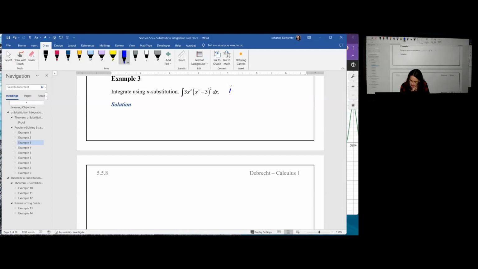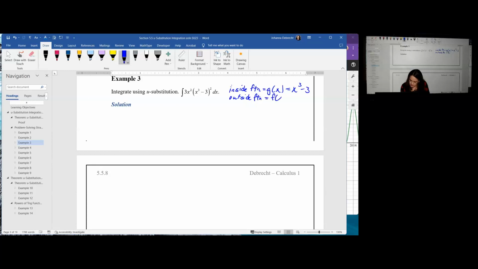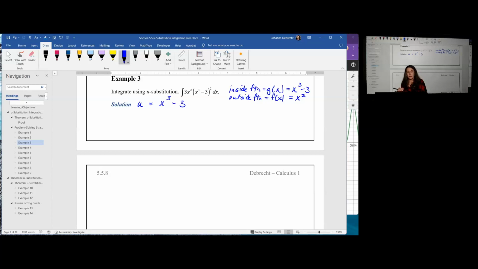Let's go ahead and write down that the inside function, which is g of x, is going to be x cubed minus 3. And the outside function is going to be the power. This is the f of x. In this case, x squared. This means that I let u equal the inside, x cubed minus 3. Next, I take the derivative of the inside with respect to the original differential.